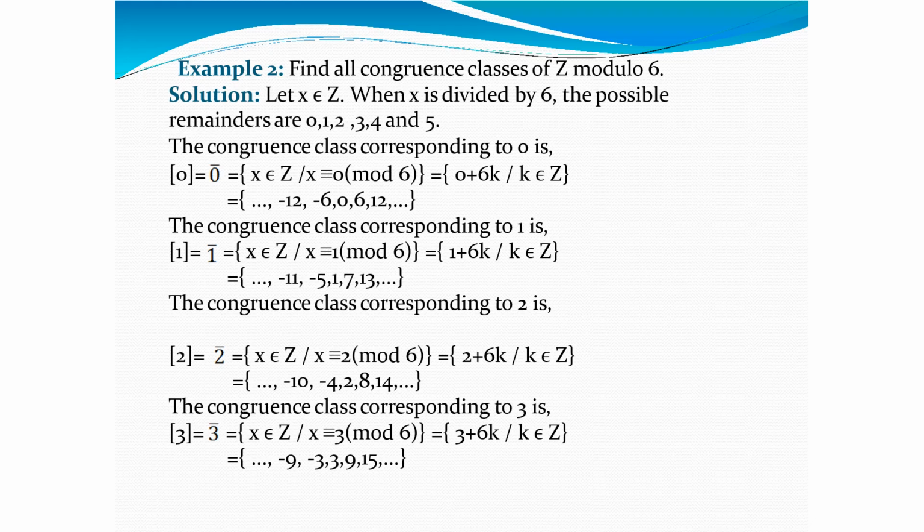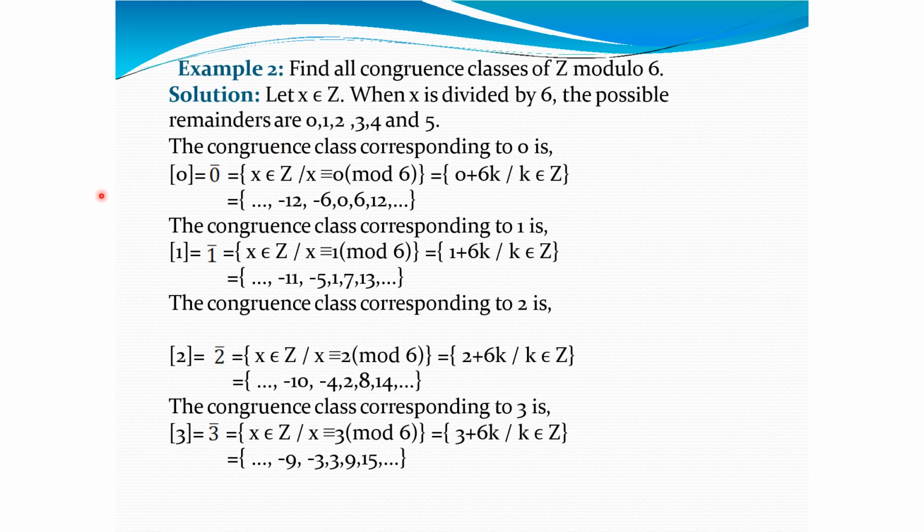Similar to previous example, here we have to find all congruence classes of Z modulo 6. As it is modulo 6, see what are the remainders when you divide an integer by 6. The possible values of remainders are 0, 1, 2, 3, 4, 5. So it is enough to find the congruence classes for 0, 1, 2, 3, 4 and 5. Now see, to find congruence class corresponding to 0.